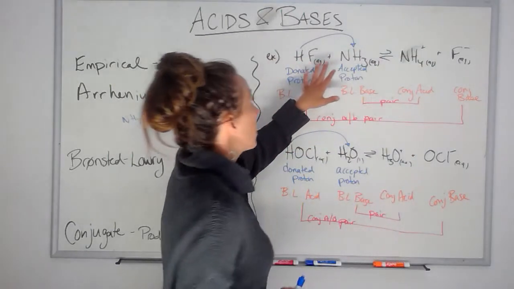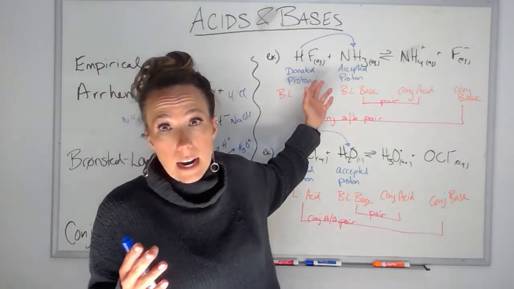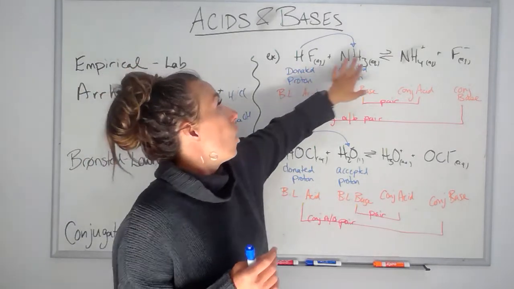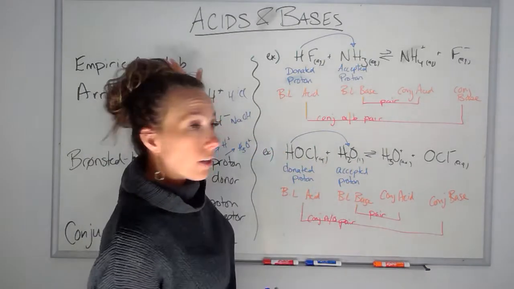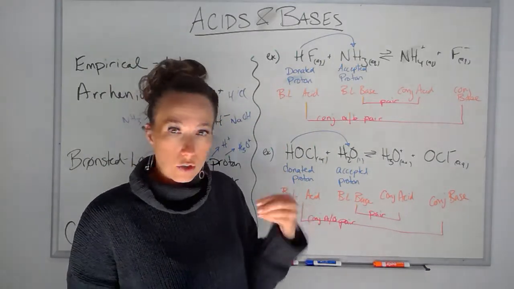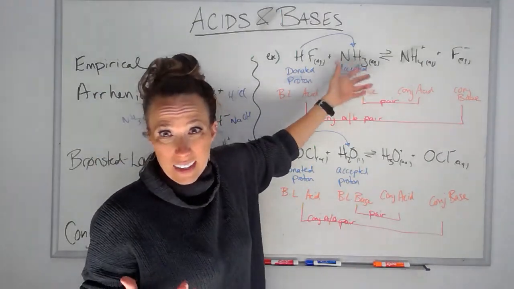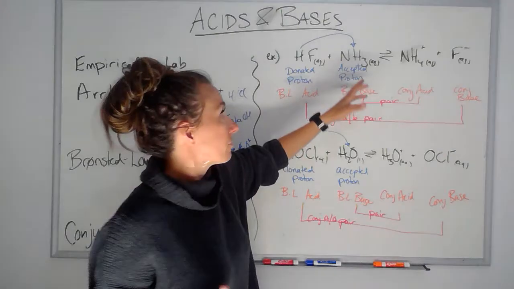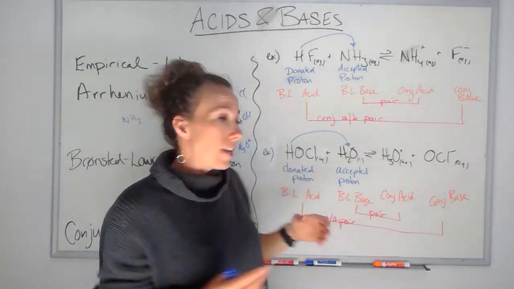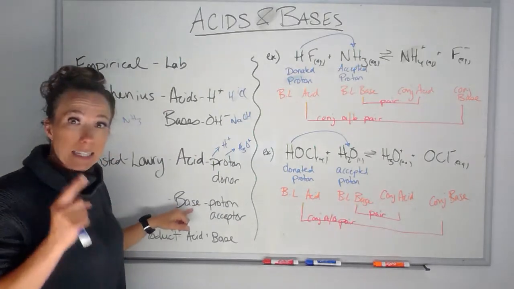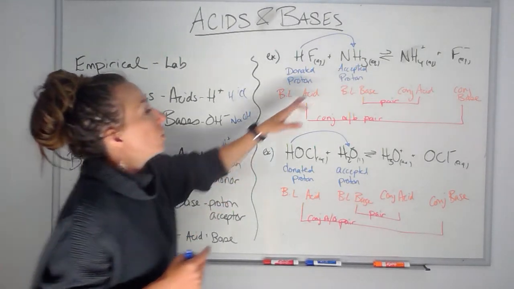Okay, so let's see some examples of this. So here, if I'm reacting some HF, which Arrhenius would say was an acid, right, because it has an H in it, with NH3, now this is an ambiguous one. Empirically, it presents itself like a base. It turns red litmus paper blue, but one would even predict that it has H's in it, so it should be an acid. So with Bronsted and Lowry, they can say, oh, but I bet you, because it empirically acts like a base, it'll be a proton acceptor.